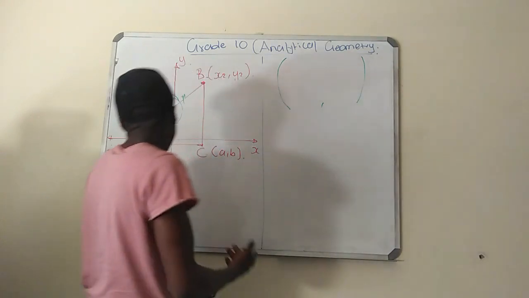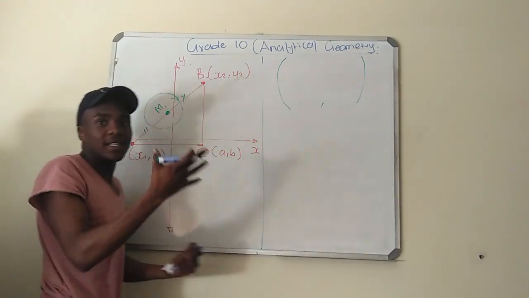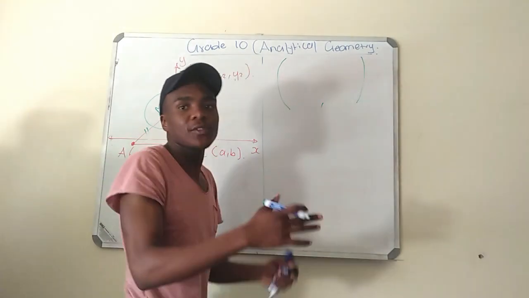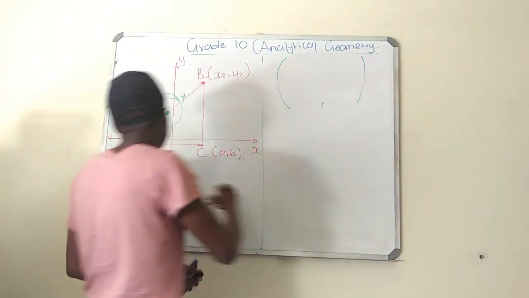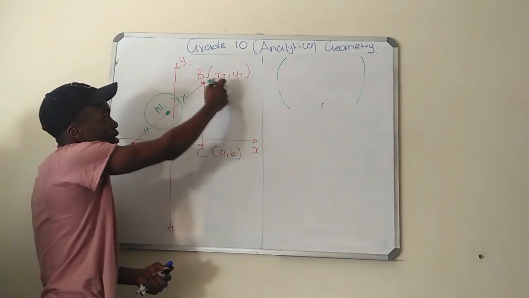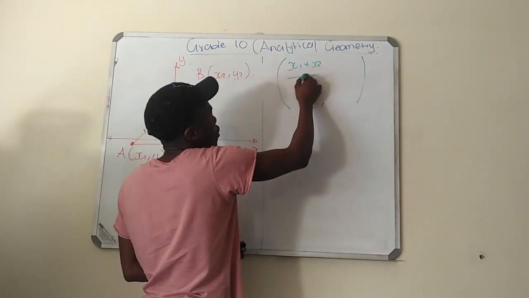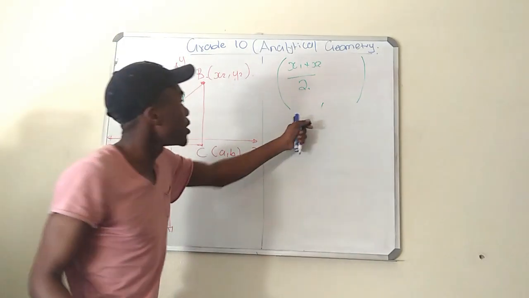Because I said I divide this line by 2, it means I have to divide my x values by 2. It does not matter which x comes first, you just take your two x values, x1 and x2. So it's x1 plus x2 over 2. This gives me the x value of my midpoint.